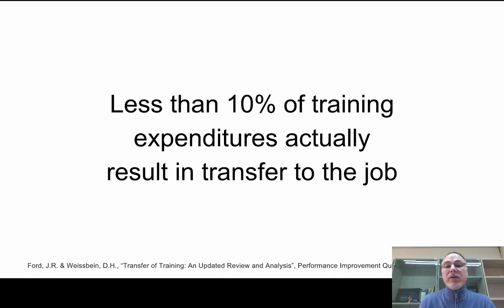It doesn't matter. If you're wasting 90% of your training expenditures and only 10% is making an impact on the job, then something needs to improve. And if your evaluation program and assessment protocols are strong, you can greatly improve this percentage.